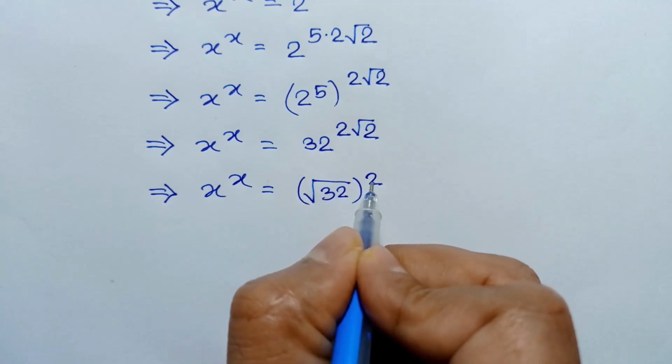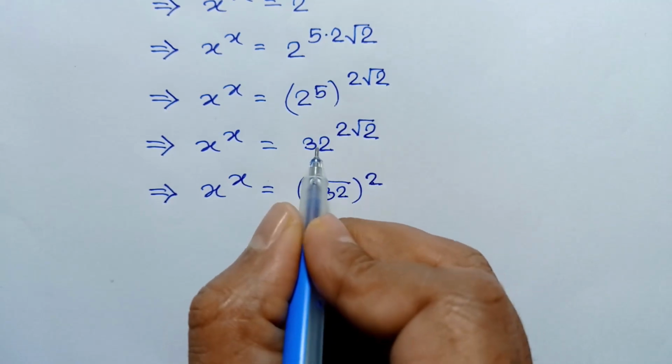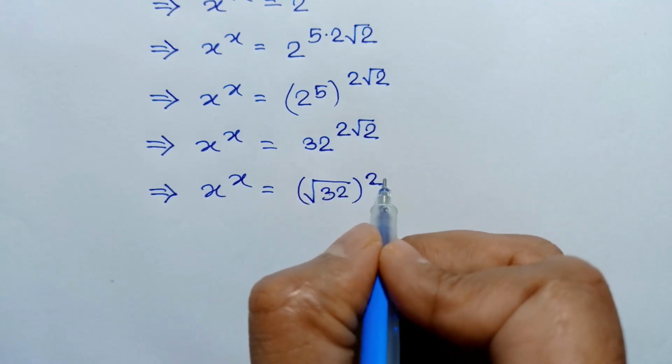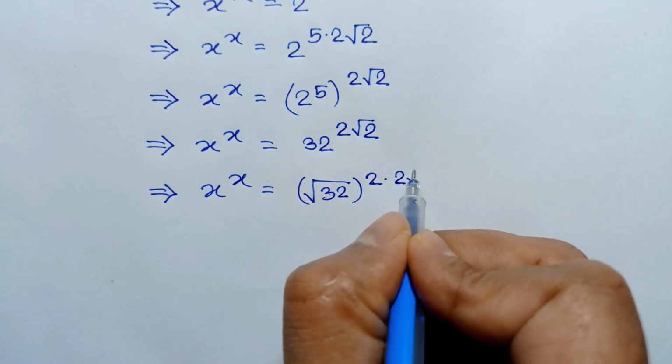This square root and this square will cancel, so it will be 32, and this 2 square root of 2.